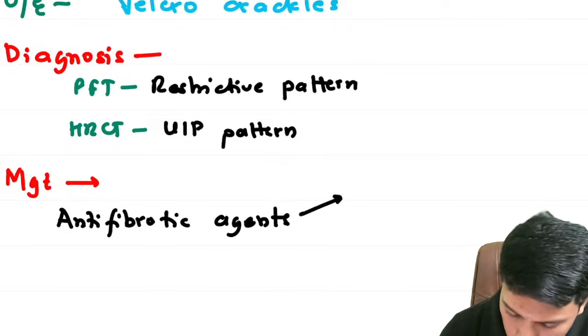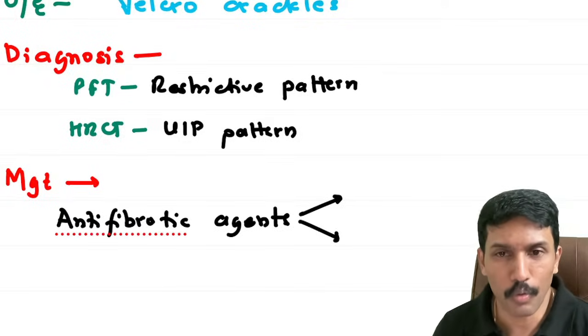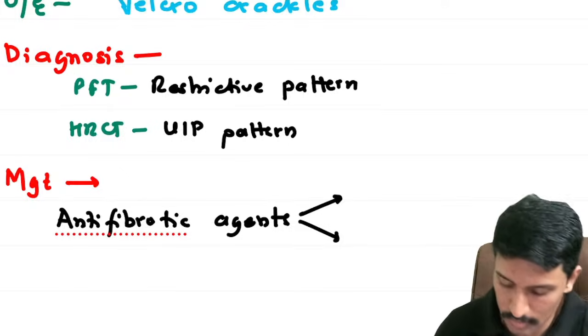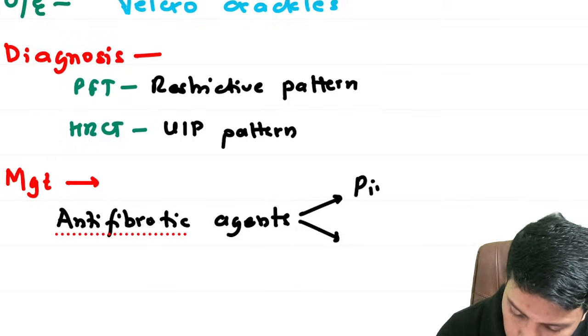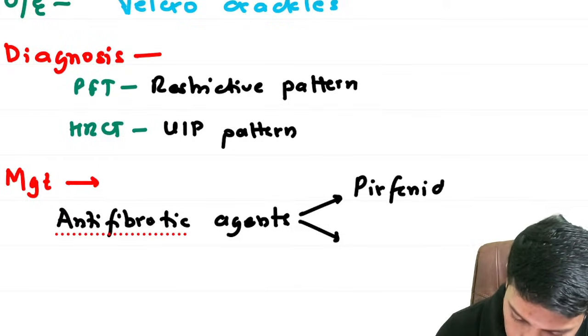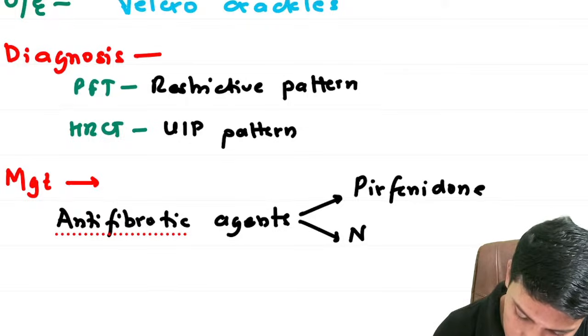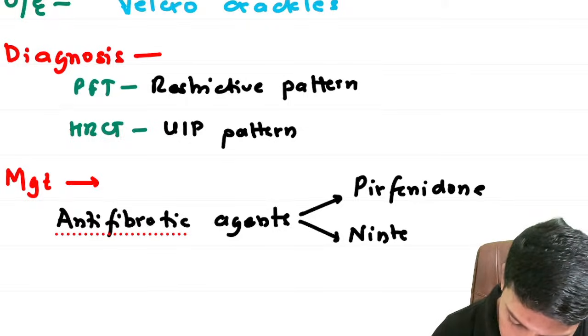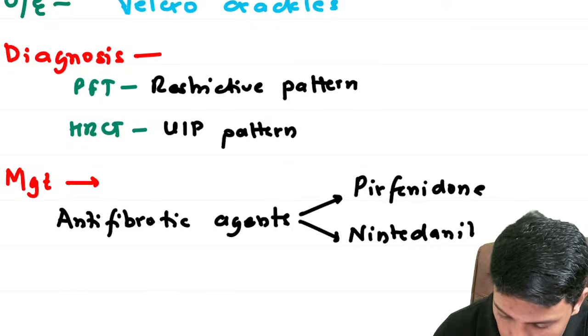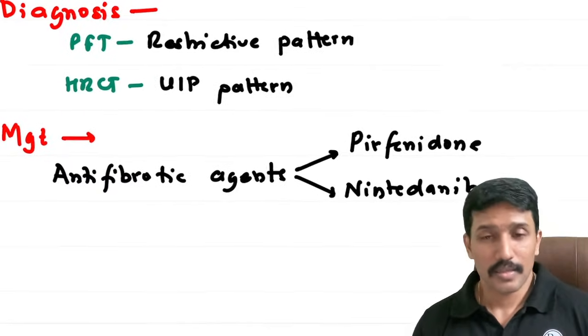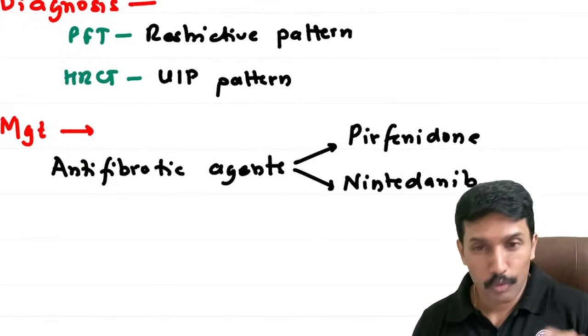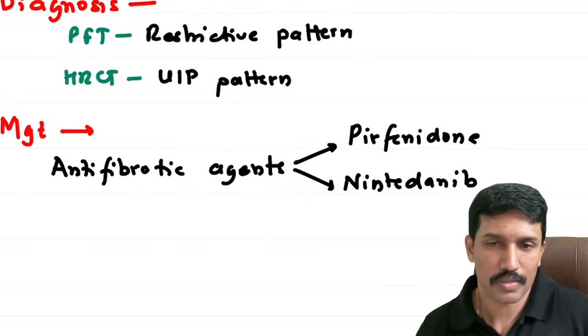And there are plenty of new drugs, but the important ones that have been used for a long time are mainly two. One is called pirfenidone, and the second one is nintedanib. Both these drugs decrease the activity of fibroblasts, and fibroblasts are the ones which are responsible for causing the lung fibrosis.